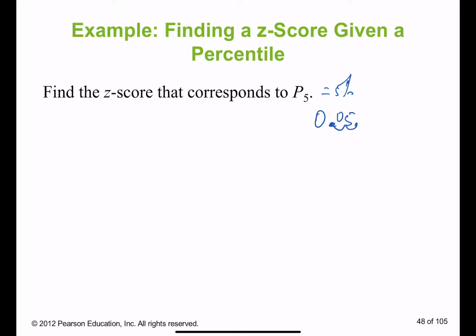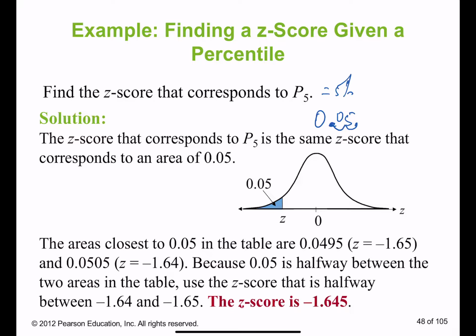Of course we are going to go to negative because it's less than 50%. Negative 1.645 looks like 0.05 precisely, it's not there. Oh yeah, indeed it says here.